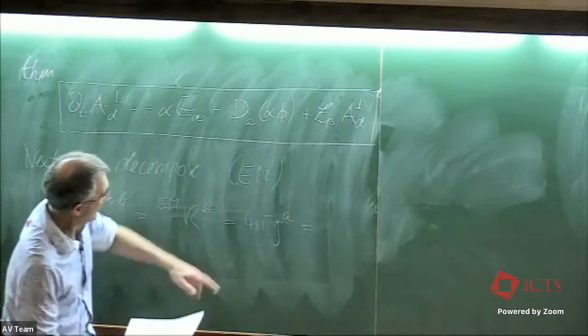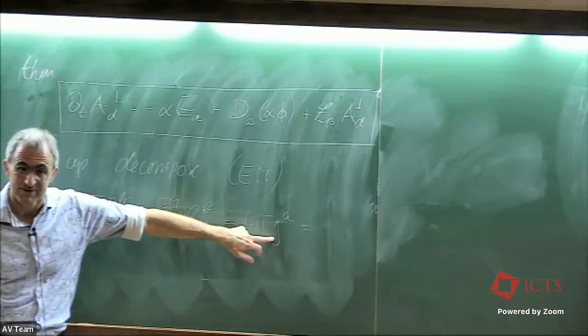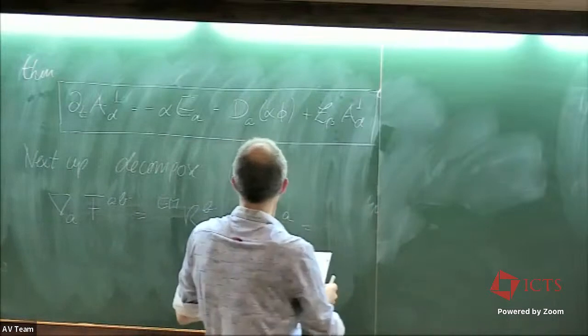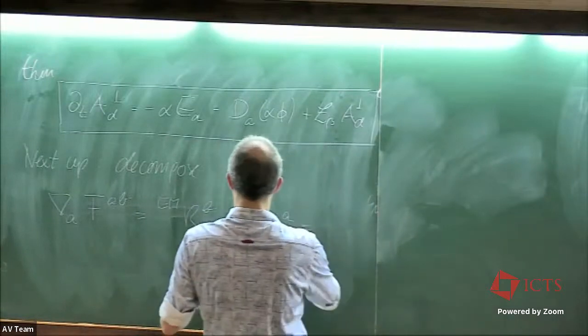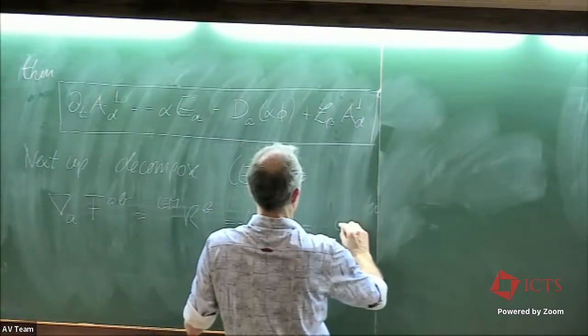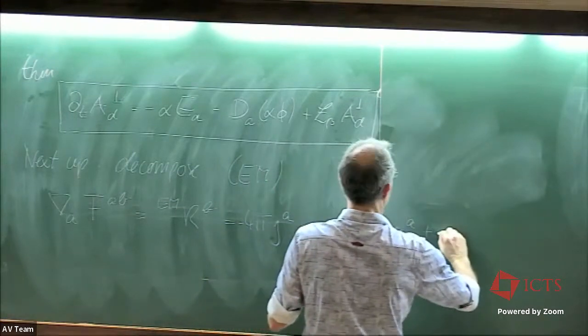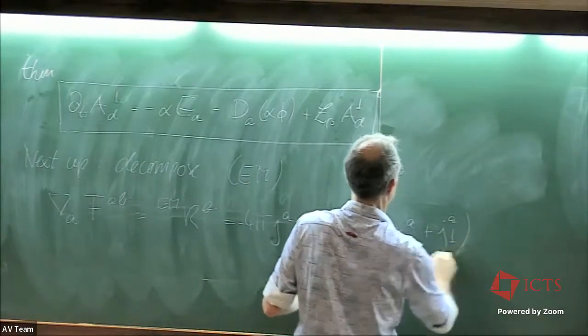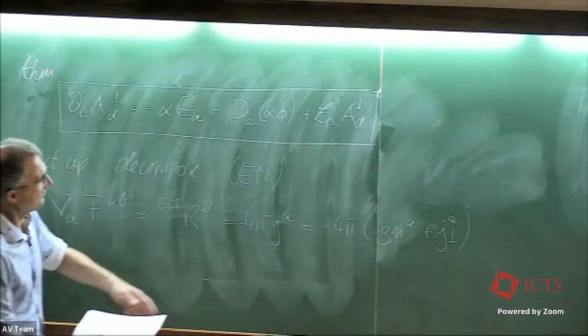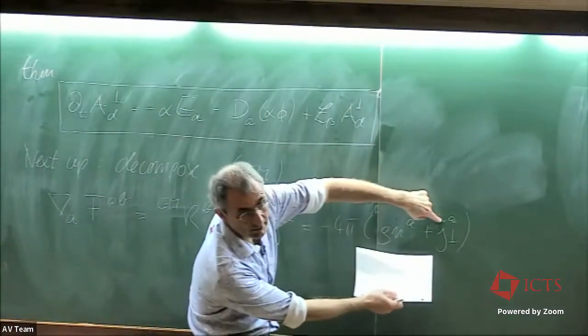The right-hand side we have already decomposed. That's the first thing that we did, right? It's minus 4 pi rho n^A plus J perpendicular^A, so we've already decomposed it into a normal part and a spatial part.